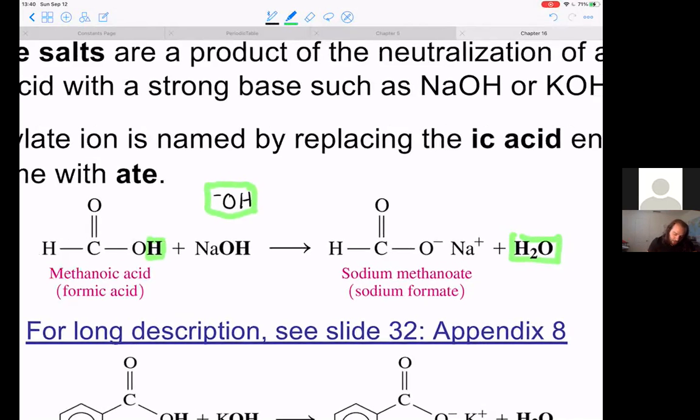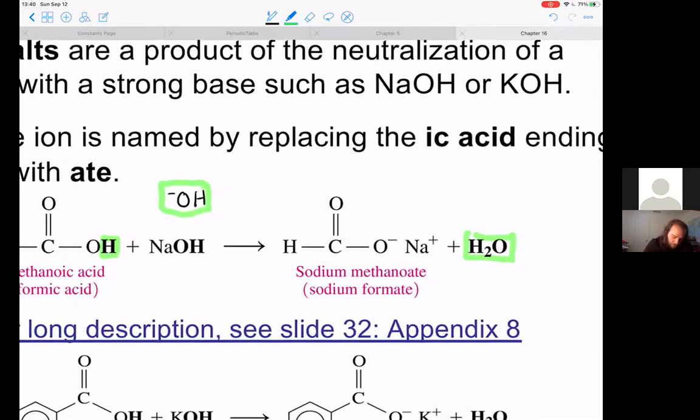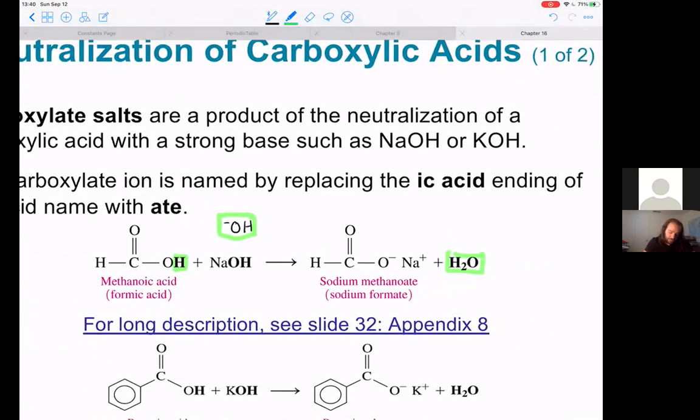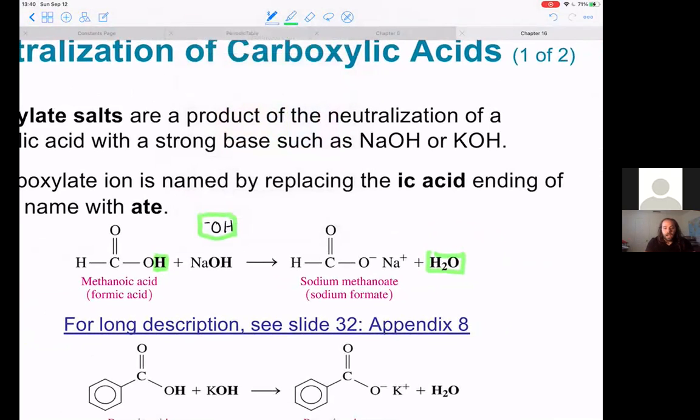I also have my carboxylate ion that's formed, and now it has this counter ion sodium. I actually don't like drawing these formulas like this because I think it's a little misleading. As it's written here, it seems to suggest that the sodium ion is bound to that carboxylate ion.